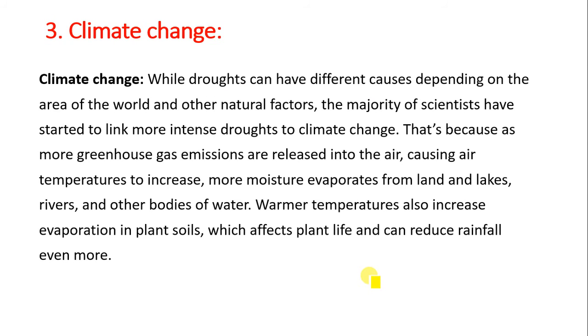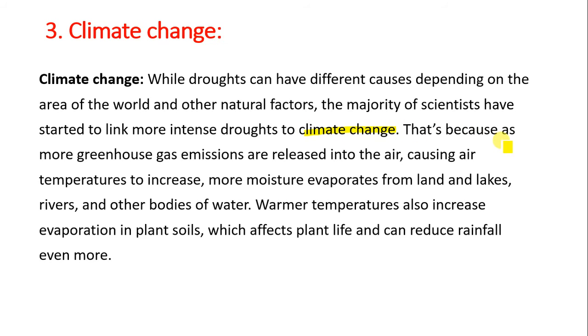So climate change is also another cause of drought. While drought can have different causes depending on the area of the world and other natural factors, the majority of scientists have started to link more intense drought to climate change.